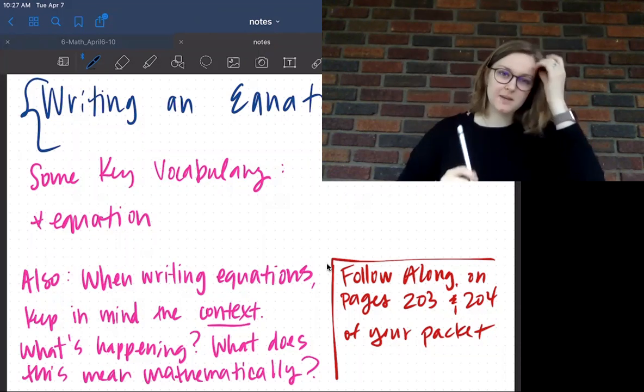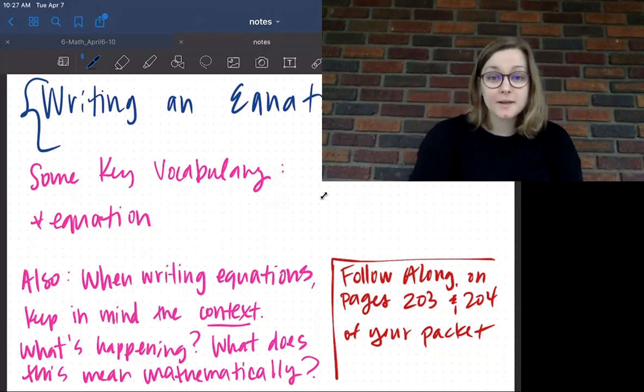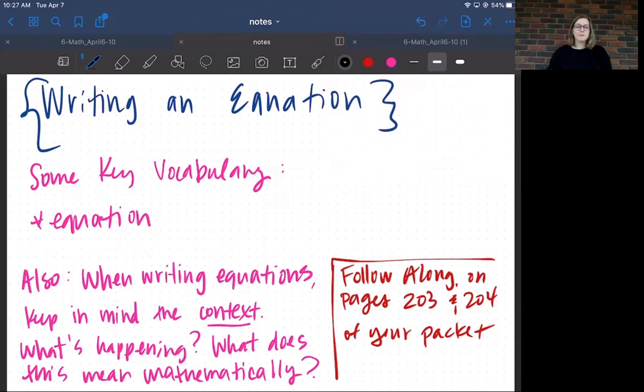So some key vocabulary to keep in mind before we keep going. We're going to be talking about an equation, right? In an equation, I have two different things that are equal to each other, okay? The two sides of my equal sign need to be equal. The same value is on the left side of the equal sign as the right side.